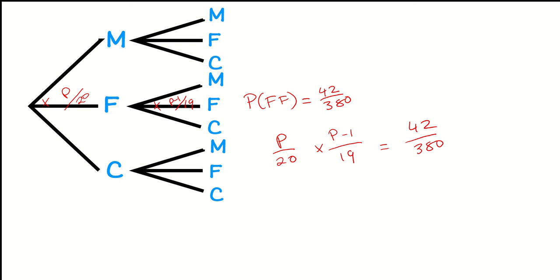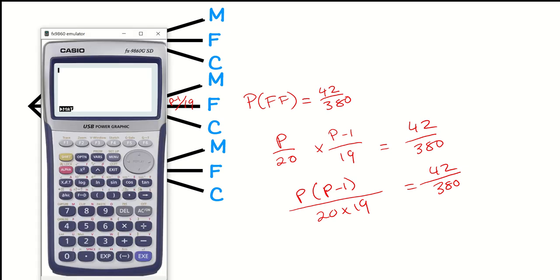What we know about multiplying fractions is that we multiply across the top, multiply across the bottom. So I'm going to do P times, and I'll put this in bracket, P minus 1 over 20 times 19 is equal to 42 over 380. Now if we just jump to our calculator, we will find that 20 times 19 is equal to 380.